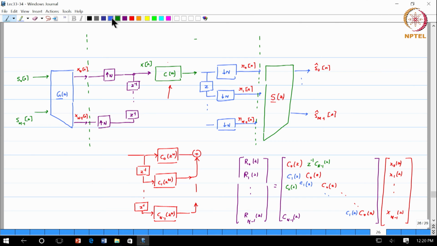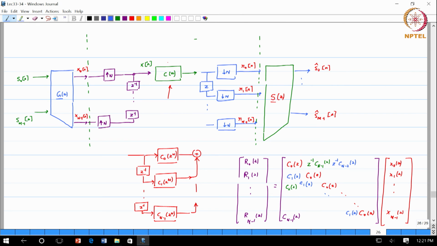The next one is going to be z inverse of Cn minus 2 of z, again a Toeplitz matrix. Okay. So, basically what you see as a transfer function between the x vector and the r vector is actually an LTI system. It has got a very interesting and important structure, because the transfer function is a Toeplitz matrix.